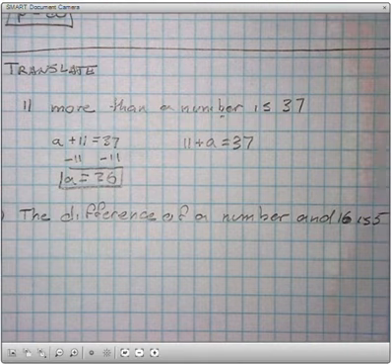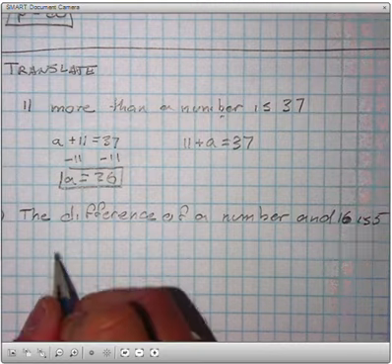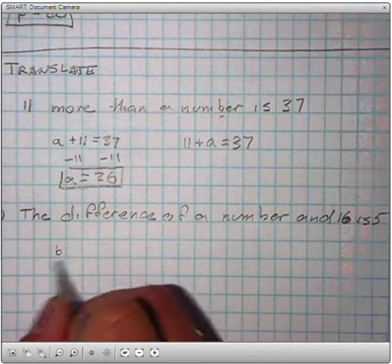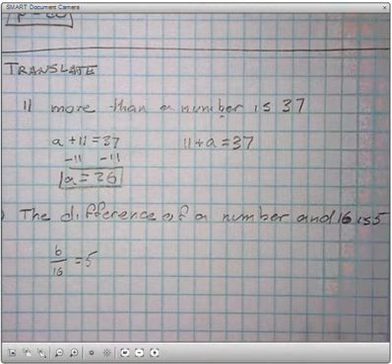Anybody think they got it? Tobin? B over 16 equals 5. Say that again? B over 16 equals 5. So you're saying B over 16 equals 5, like that?